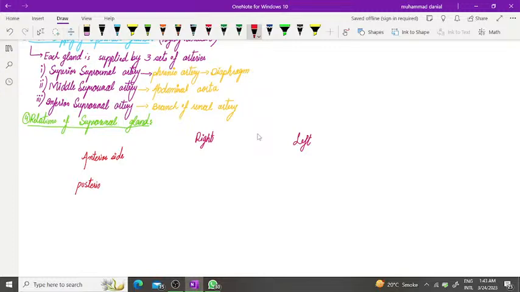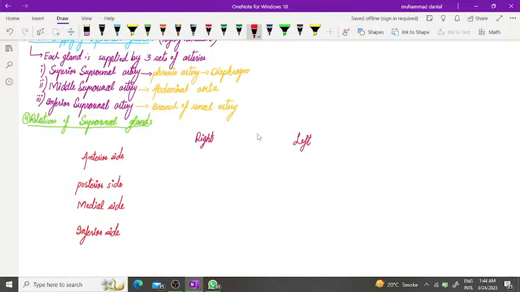Okay, now then medial side, and then inferior side.